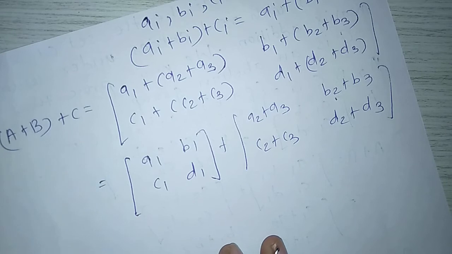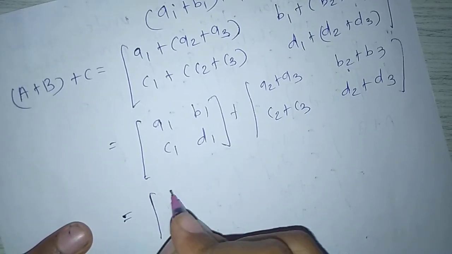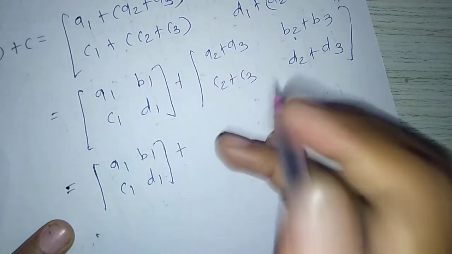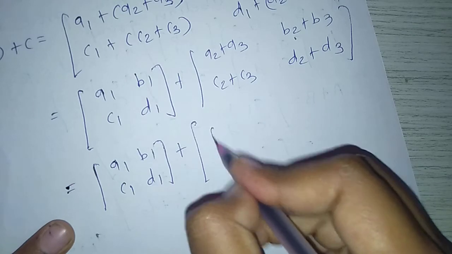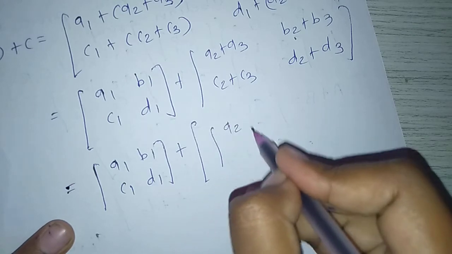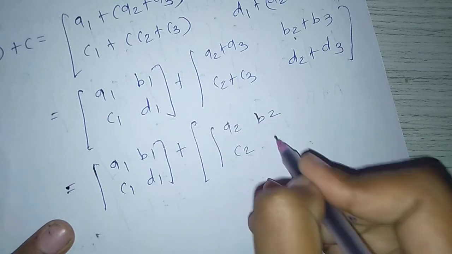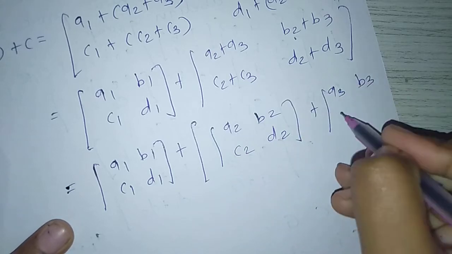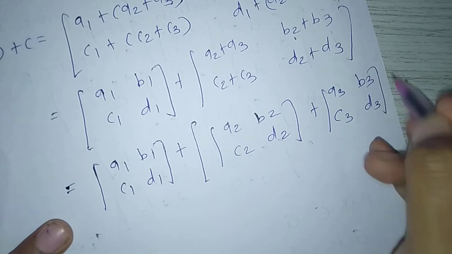There is no change, which is equal to a1, b1, c1, d1 plus. Now this matrix is also arranged as the matrix of a2, b2, c2, d2 plus a3, b3, c3, d3.